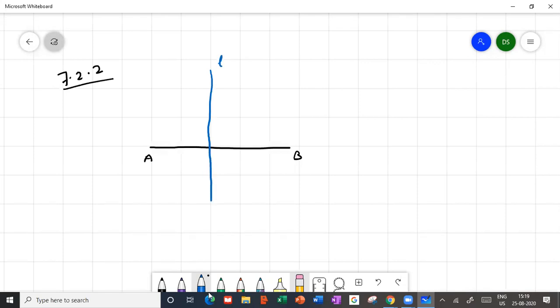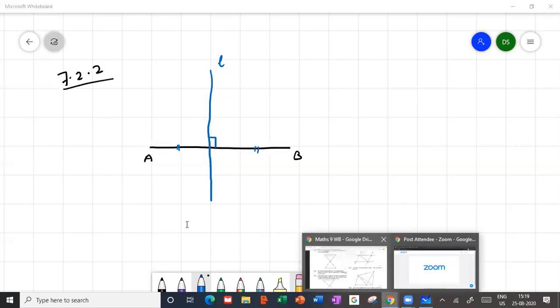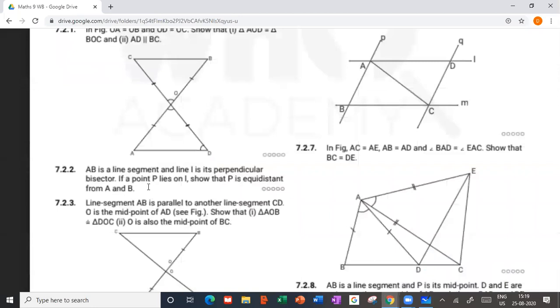So this is our line L. I'm just going to draw 90 degrees here and then show that this is equal. What's the next part? If a point P lies on L, show that P is equidistant from A and B.